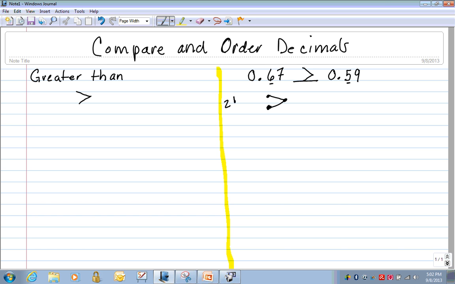So 2 dots is going to be towards the larger number. And 1 dot is going to be pointed at the smaller number.